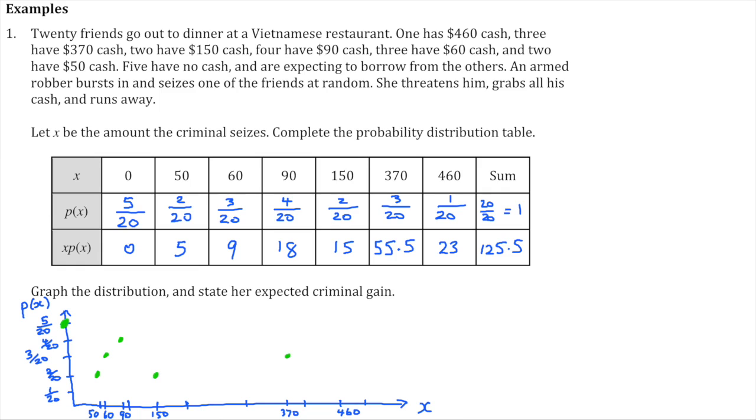And $460, 1 out of 20 times. So you can see from the dots how high and low. The higher the dot, the more chance there is of that scenario occurring.